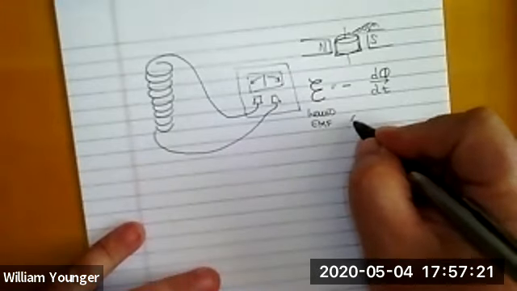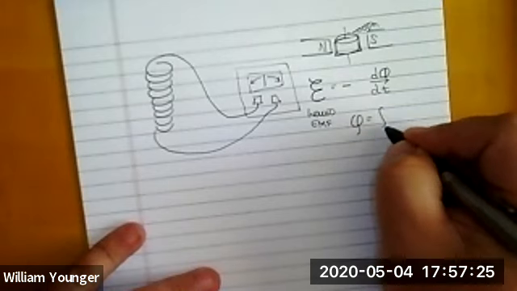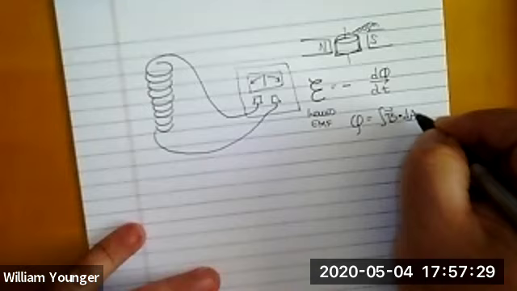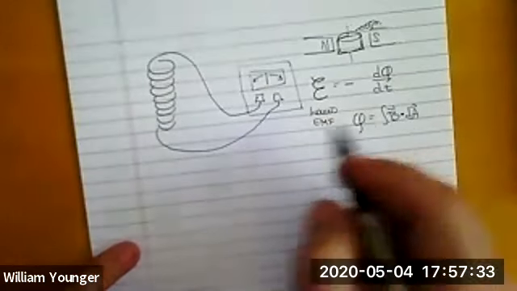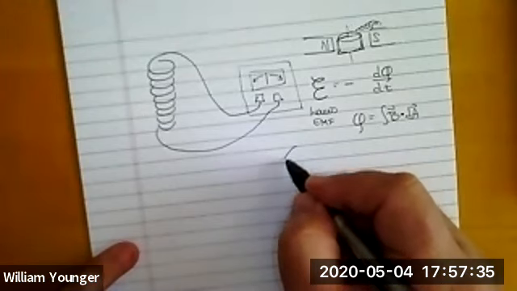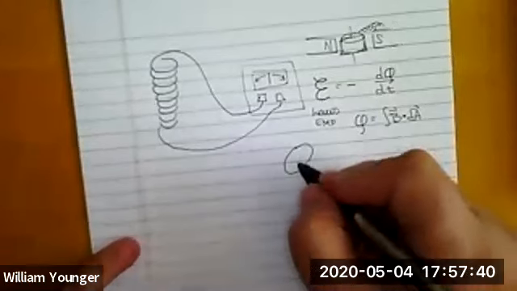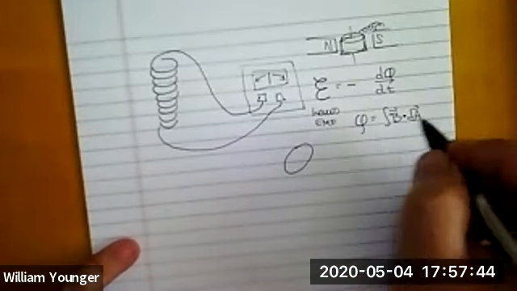And the magnetic flux is defined the exact same way we did the electric flux. Instead of E, it's an integral of B dotted with dA. So you imagine some coil, let's say a little coil like this, and maybe you break it up into infinitesimal little dAs.